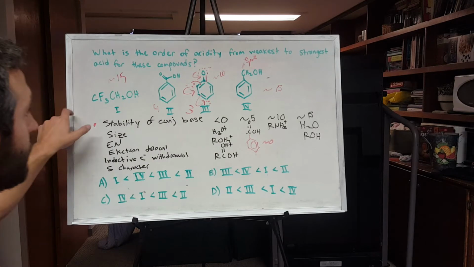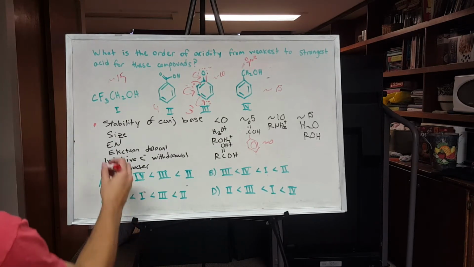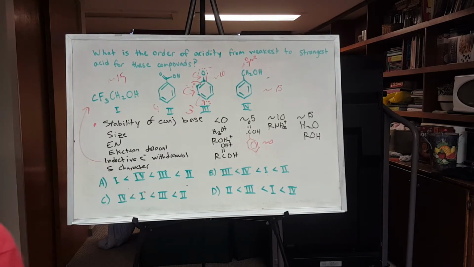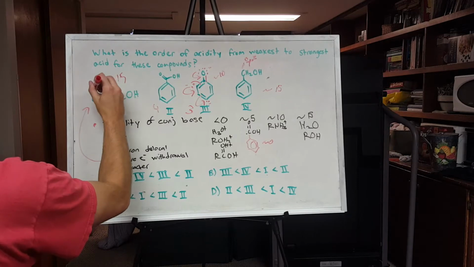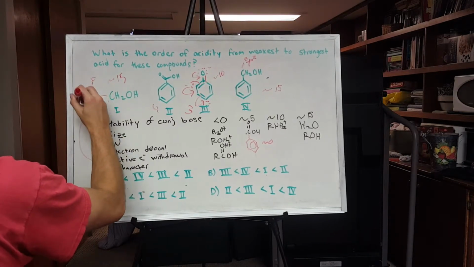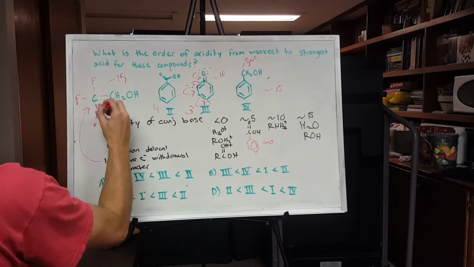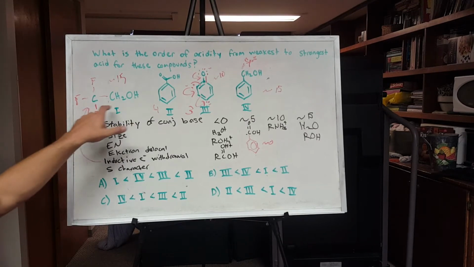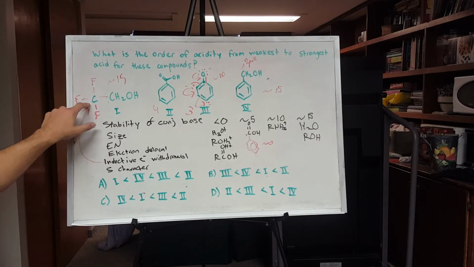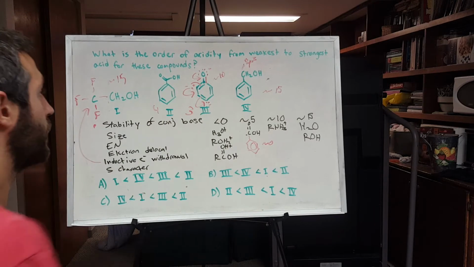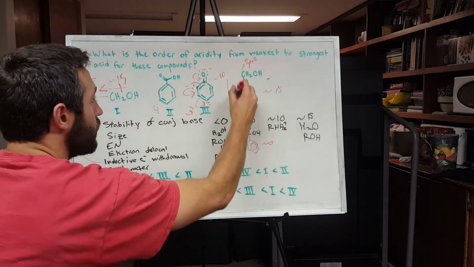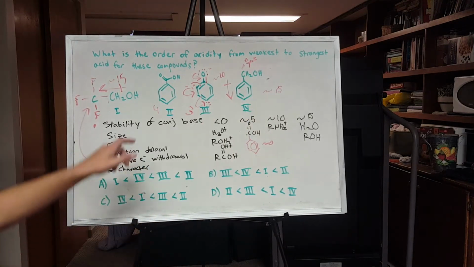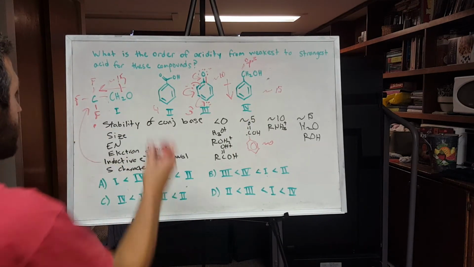Comparing these two now, this is where inductive electron withdrawal comes in for both of these guys. This is a carbon with 3 fluorines attached. And this guy, instead of having a CF3, we have a benzene ring. Both of these guys will withdraw electrons, which will stabilize the minus charge of the conjugate base.